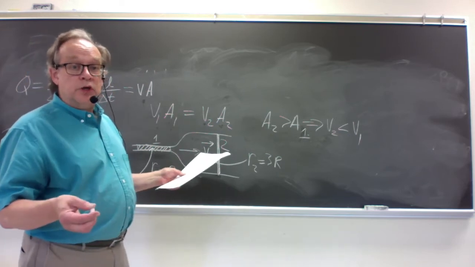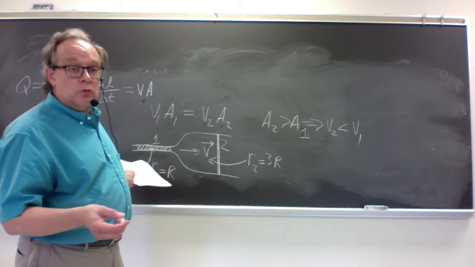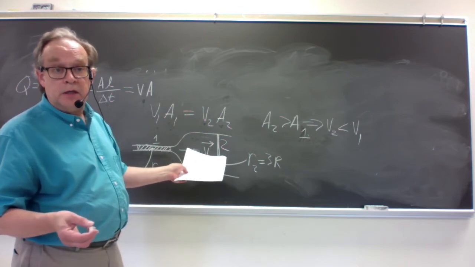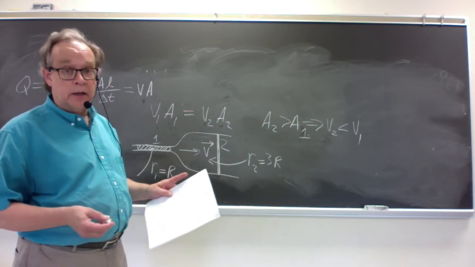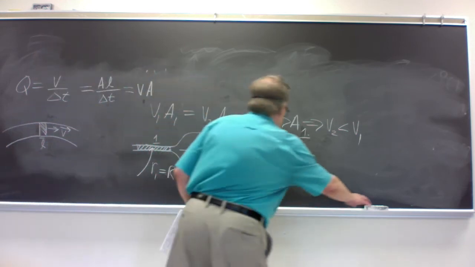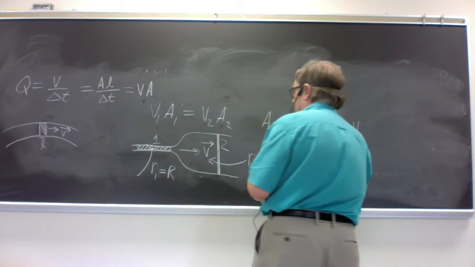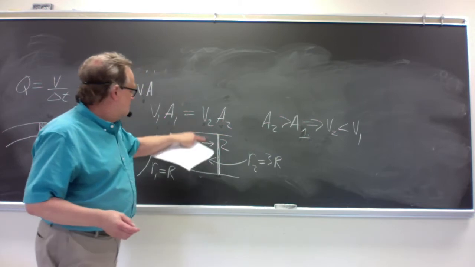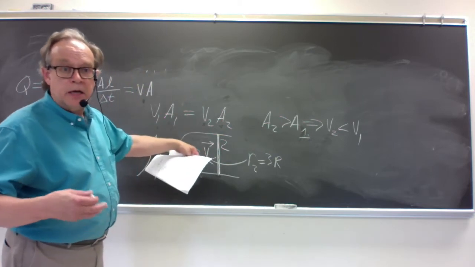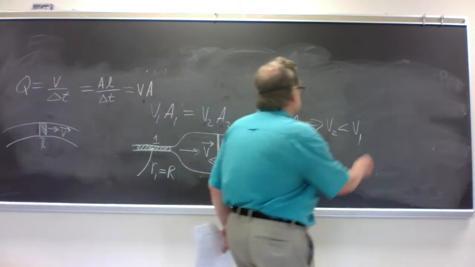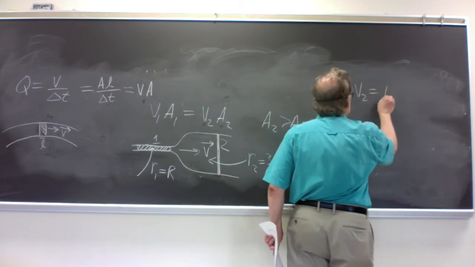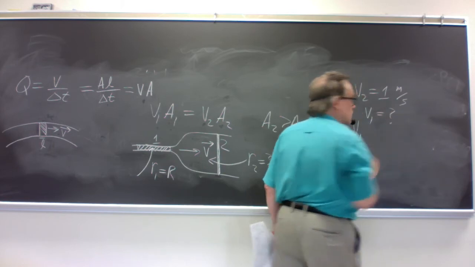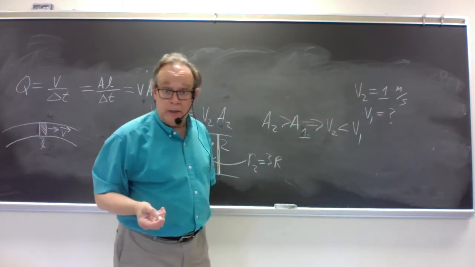In that case, if we know what the speed at one point is, we can figure out the speed at the other point by just using proportionality. Say we know that the speed in volume 2 is, let's say, 1 meter per second. We can figure out what speed 1 is.